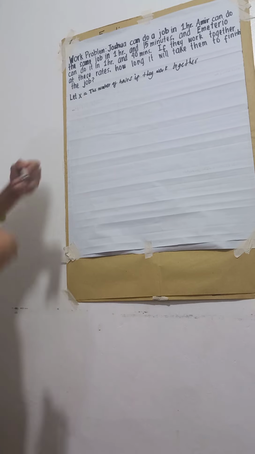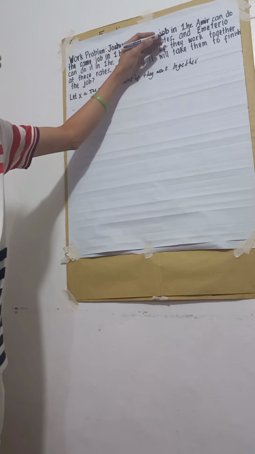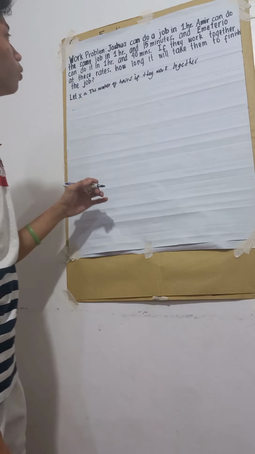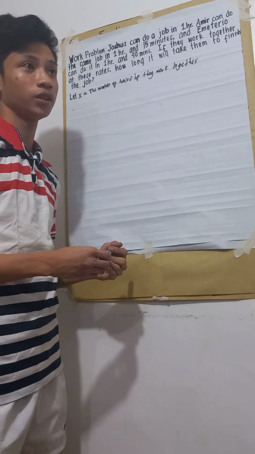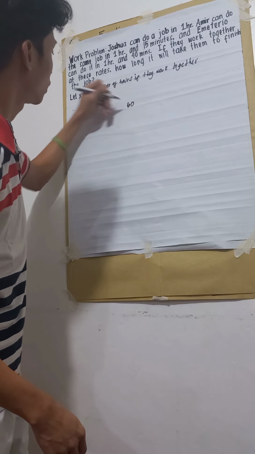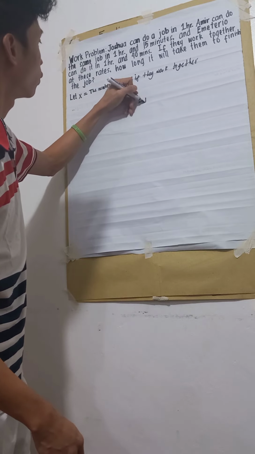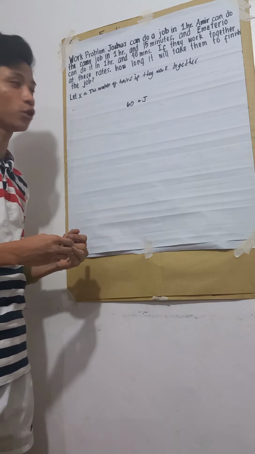So Joshua can do a job in 1 hour. So 1 hour is equivalent to 60 minutes, right? So that would be 60, and J stands for Joshua.